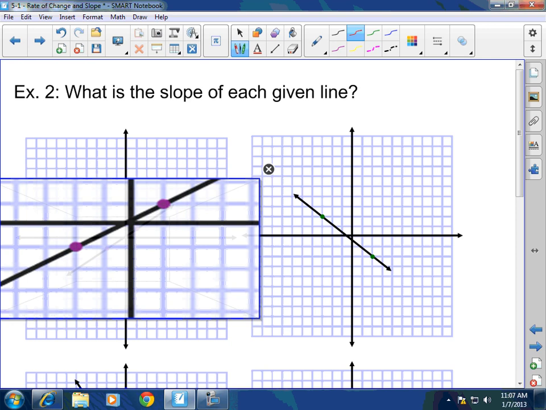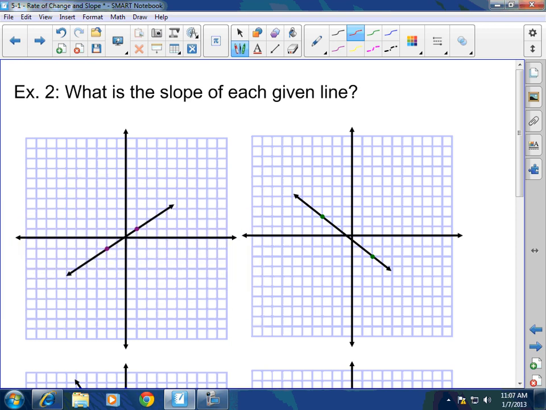I'm going up 2 over 3 to the right. That's my rise over run. That's my slope. So I could have done it two ways for this. I first know that's my first point. I go up 2, and then I go to the right 3. So my rise over run would be 2/3. That's one way to do it if you see the actual line.